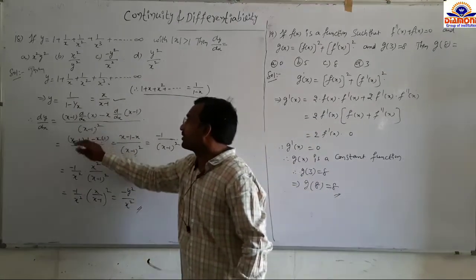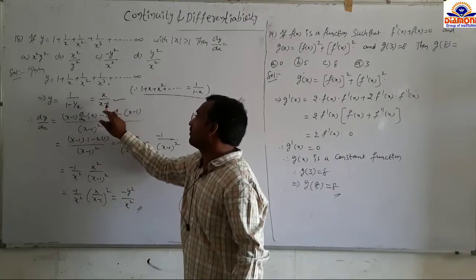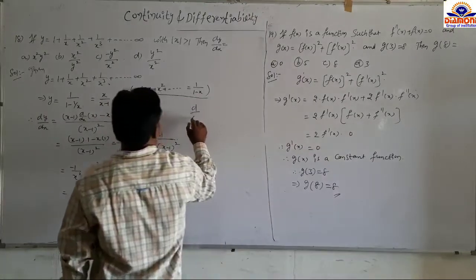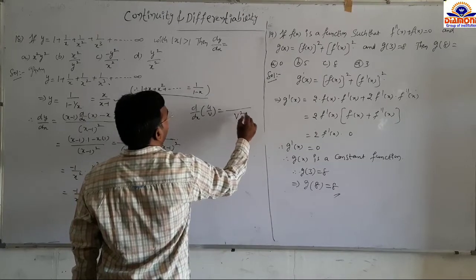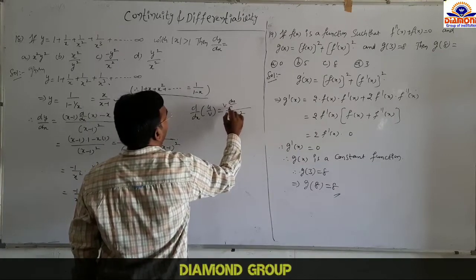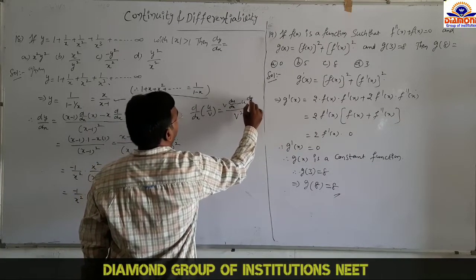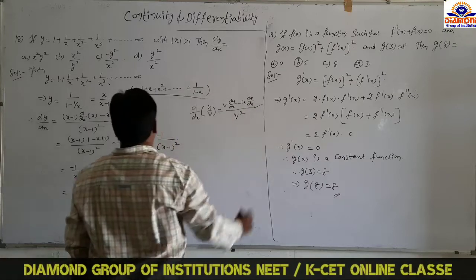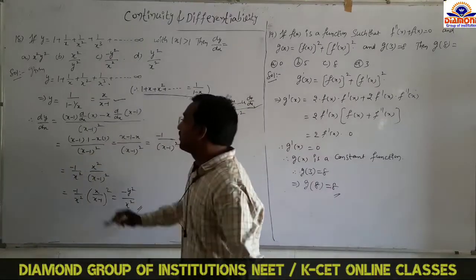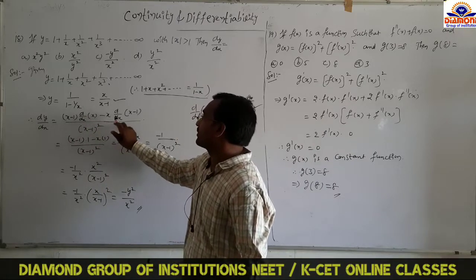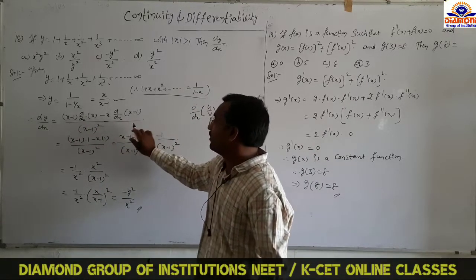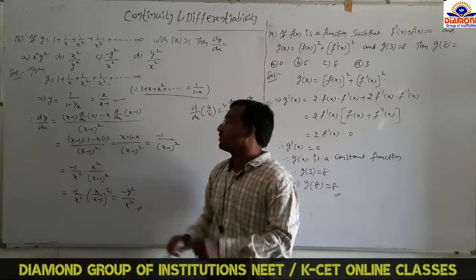So dy by dx equal to what? Here apply the u by v rule. What is the u by v rule? d by dx of u by v equal to v into du by dx minus u into dv by dx, all over v square. Apply this condition. What you get? dy by dx equal to x minus 1 into d by dx of x minus x into d by dx of x minus 1, by x minus 1 whole square.